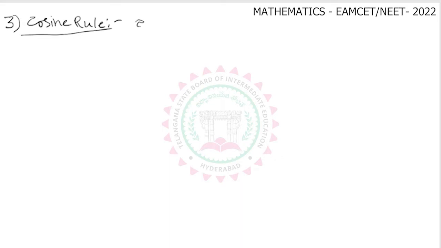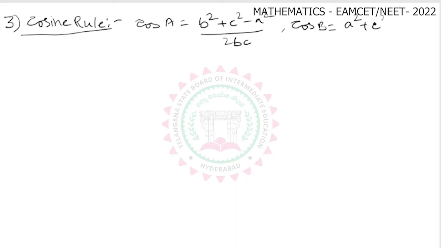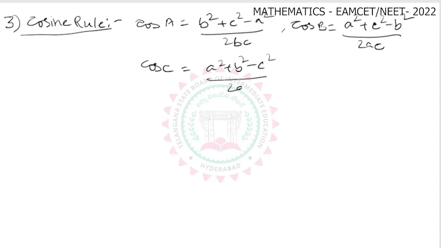What is my cosine rule? Cos A is equal to b square plus c square minus a square divided by 2bc. Cos B equal to a square plus c square minus b square by 2ac. And cos C is equal to a square plus b square minus c square by 2ab.